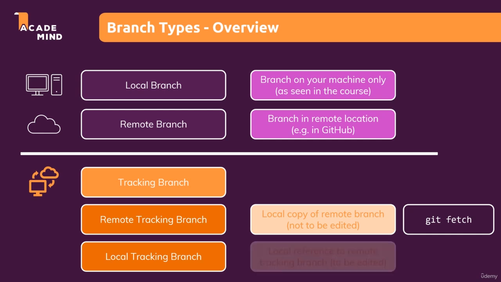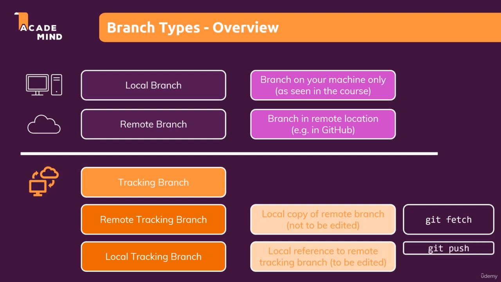Now, what's this? Well, the local tracking branch is a local reference to a remote tracking branch, and it's supposed to be edited. Local tracking branches not necessarily have to be references to a remote tracking branch, but for many cases, and also the cases we have a look at in this course, this is the case. In this local tracking branch, commands like git push or git pull are available, also git fetch, of course.